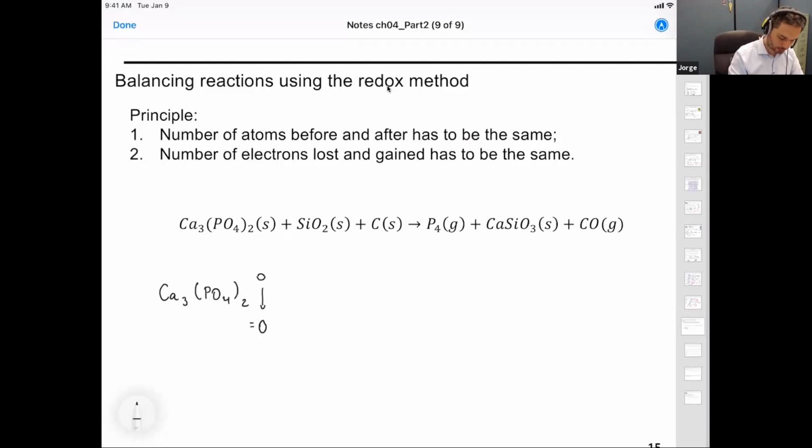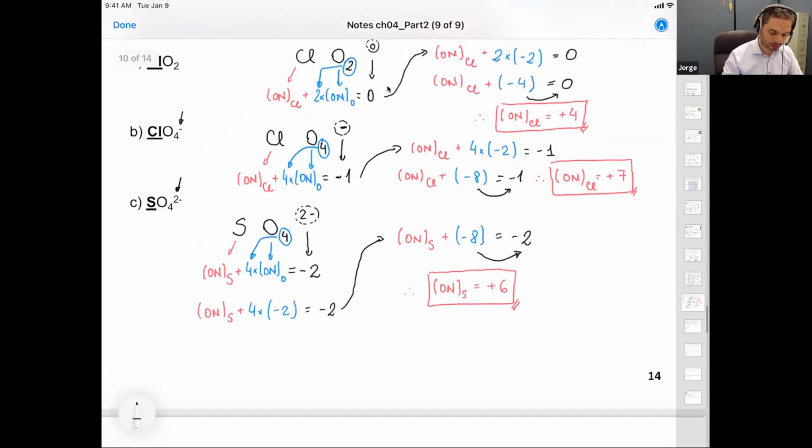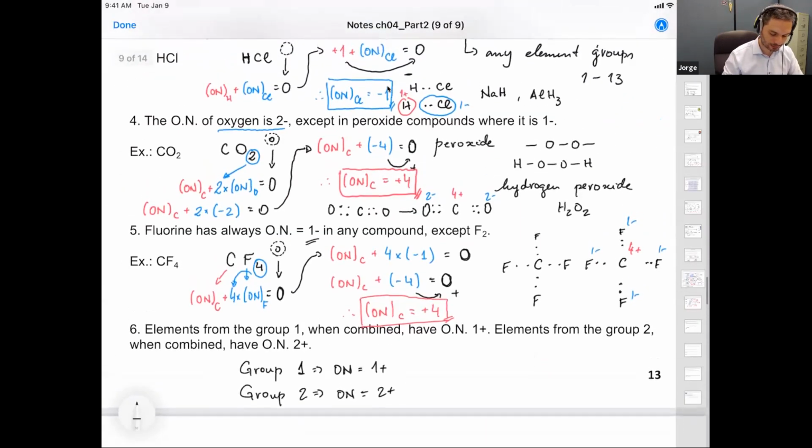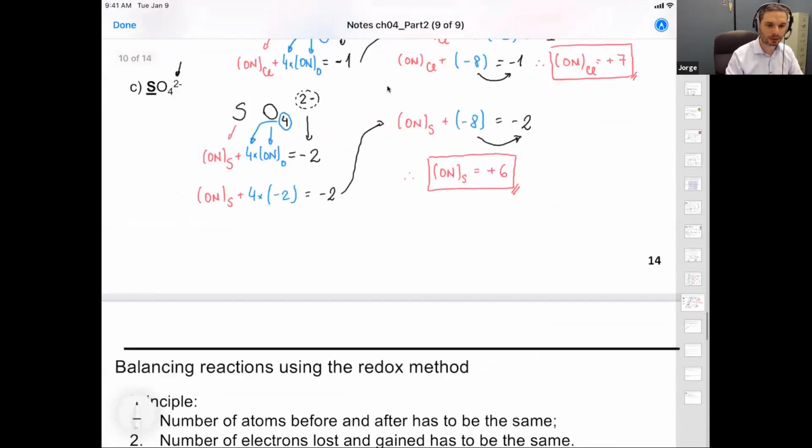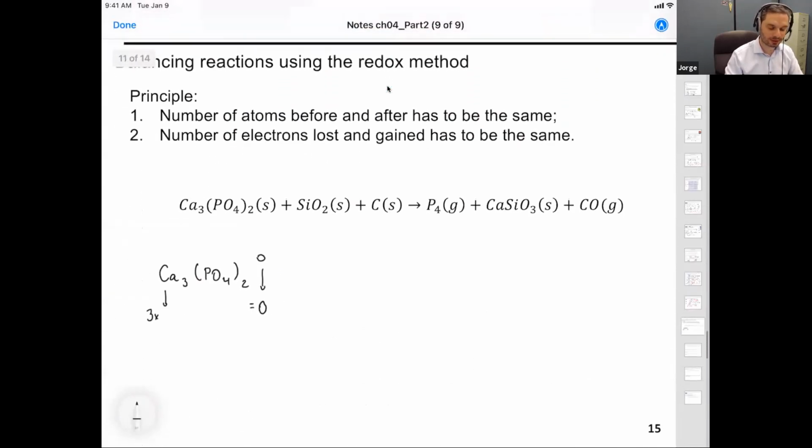We have here 3 atoms of calcium, therefore 3 times the oxidation number for calcium. If we go back to rule number 6, the oxidation number of elements from group 2 is always 2 plus. So we will replace it here by plus 2.